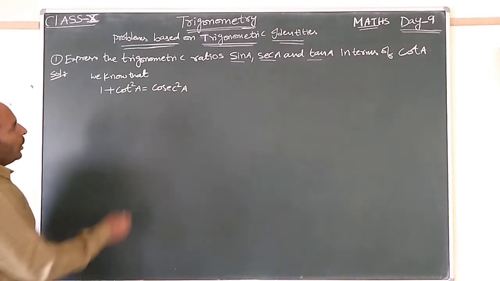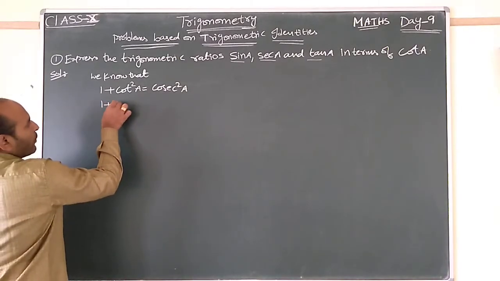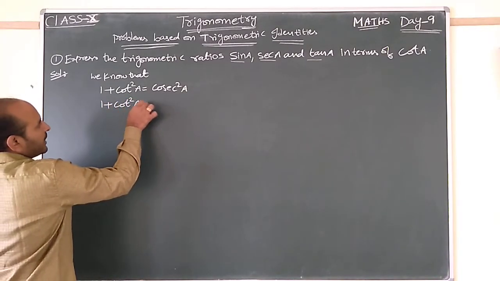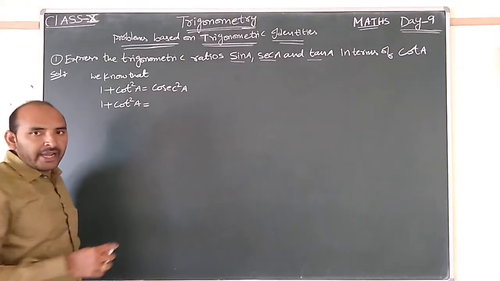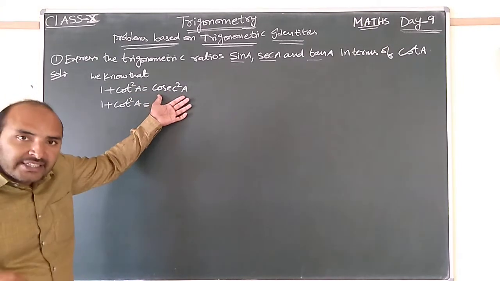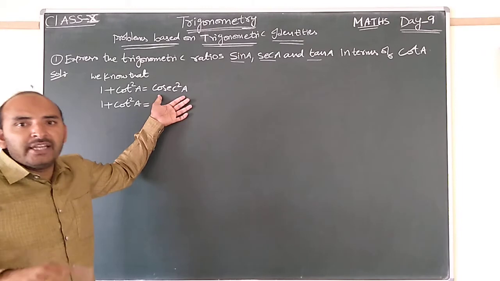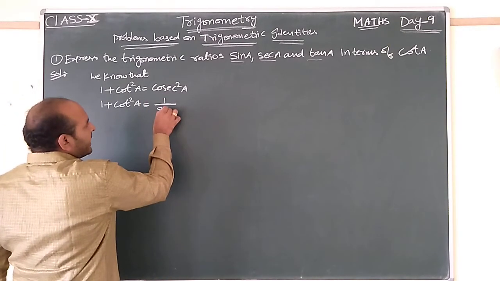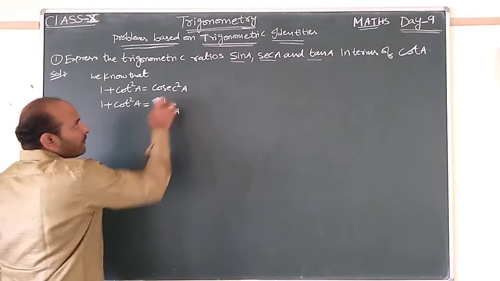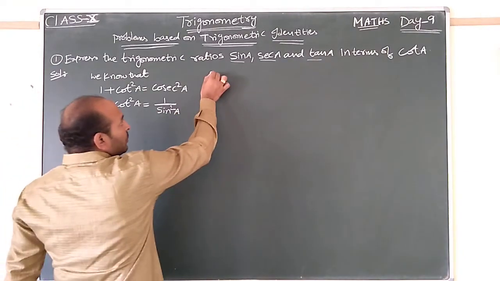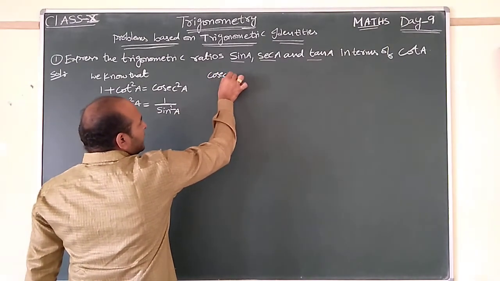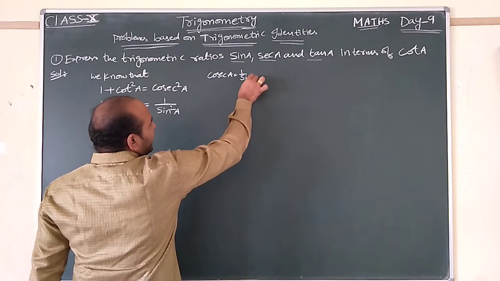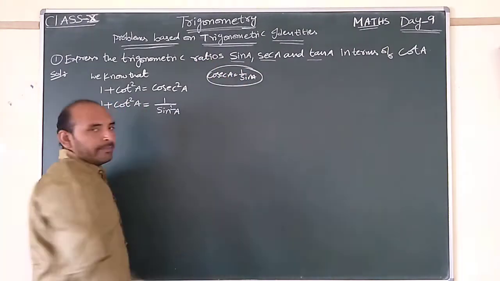Now, how can you write cosecant A? It is nothing but the reciprocal of sine. So you can write 1 divided by sin square A. Remember the formula: cosecant A is equal to 1 by sin A.